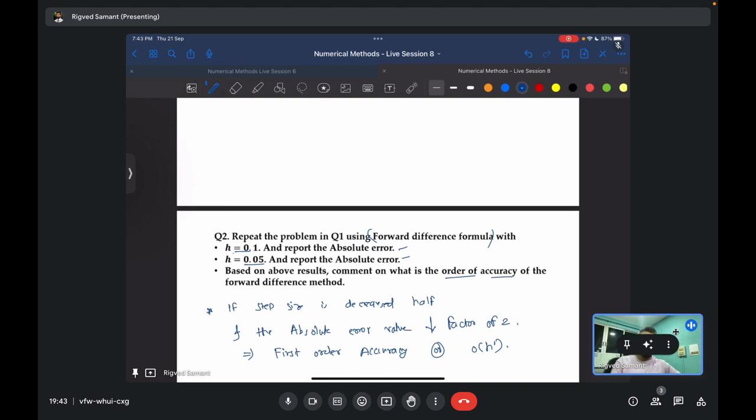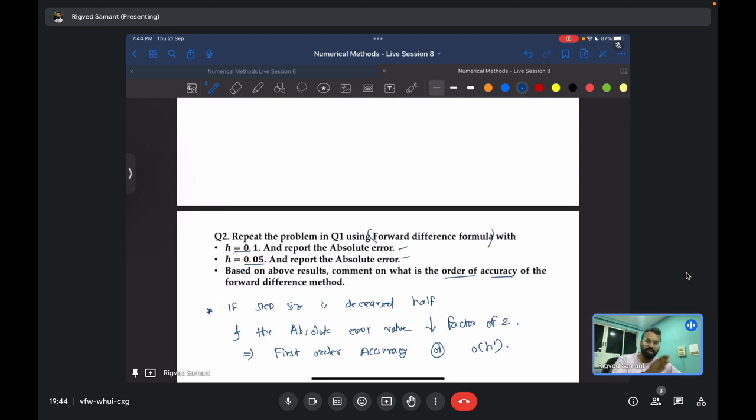So how to tell what the order of accuracy is? When we have given some step size and you calculated the absolute error, in the next step you reduce the step size by half and see what the absolute error is. If it is reducing by a factor of 2, you will say it is first order accuracy.